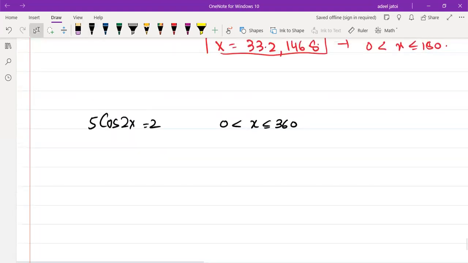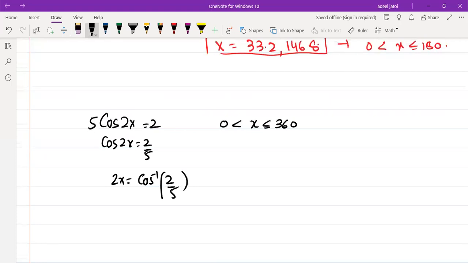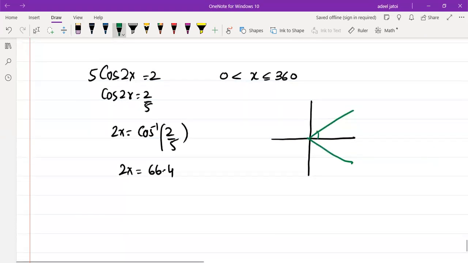We already found out that cos 2x is equal to 2 upon 5. 2x was cos inverse 2 upon 5. Your basic angle was 66.4. Same thing as we did above. Your first quadrant, your second quadrant. This is 66.4. This is also 66.4. You agree to this, right?